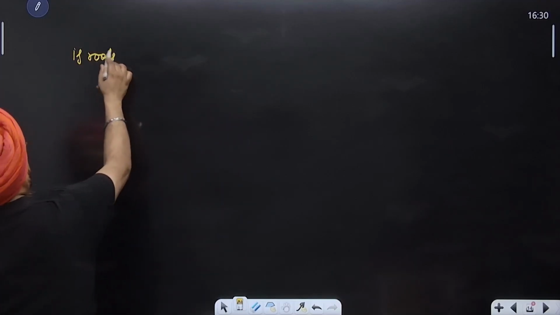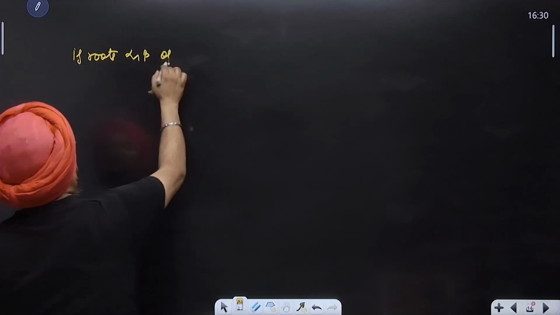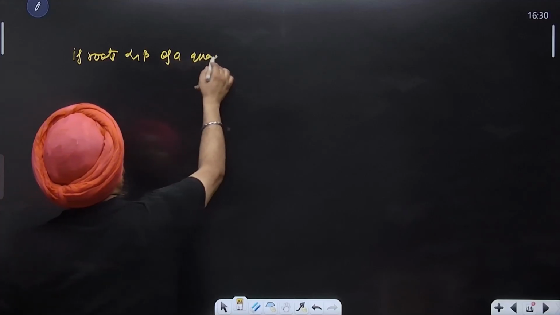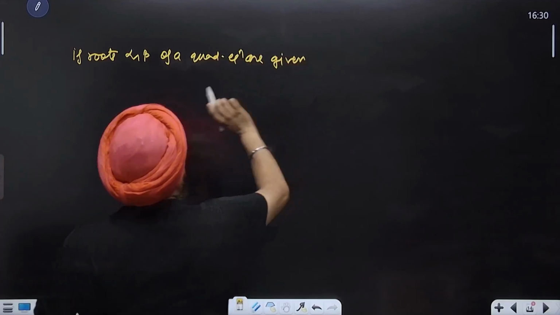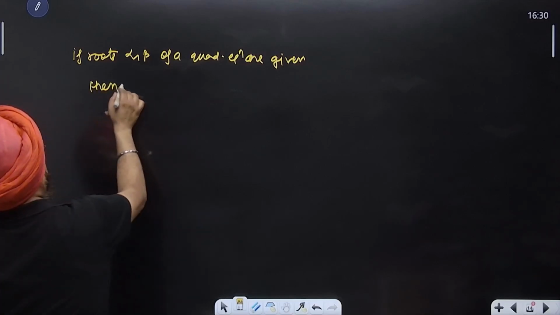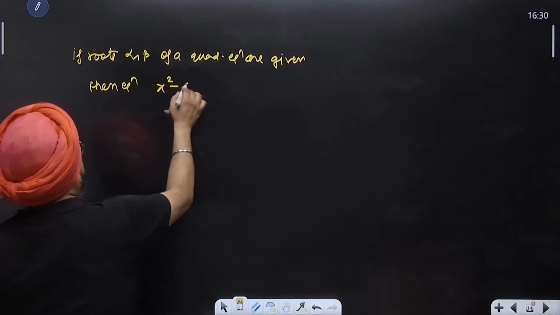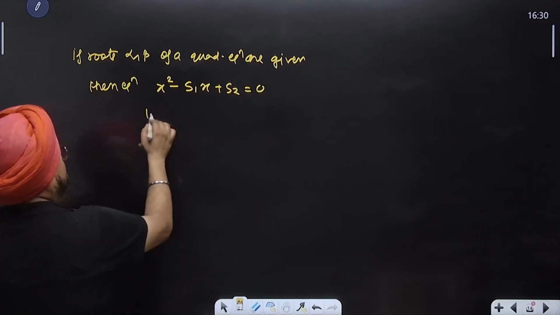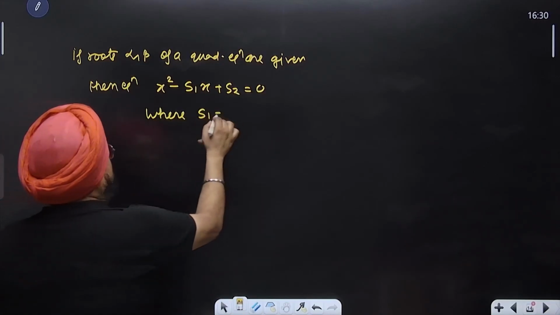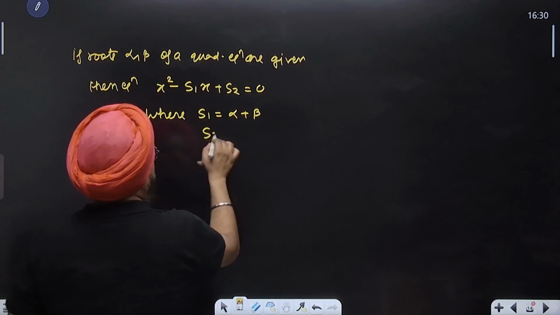See, if roots alpha, beta of a quadratic equation are given, the equation is x square minus (sum of the roots) x plus product of roots, where S1 is sum, S2 is product.